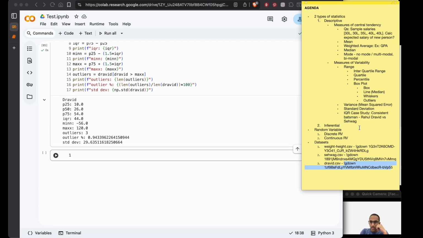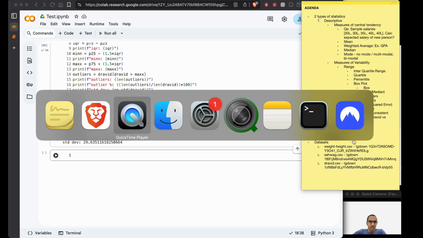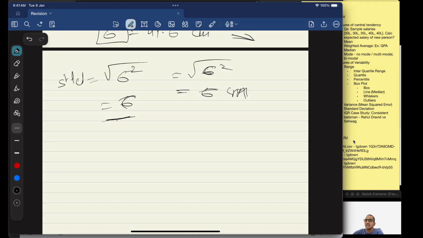Now let's quickly look at random variables, which are discrete and continuous random variables. We already saw something similar in the probability class about discrete and continuous spaces. The concept is the same, except in this case, a random variable is nothing but any situation or an experiment or an event where the outcome cannot be predicted, right?